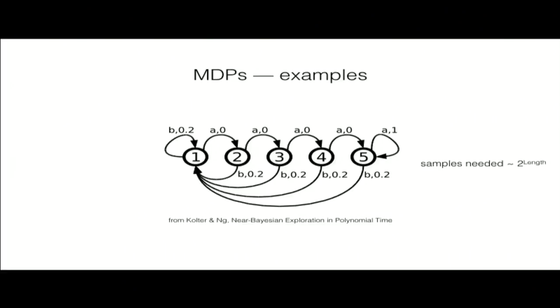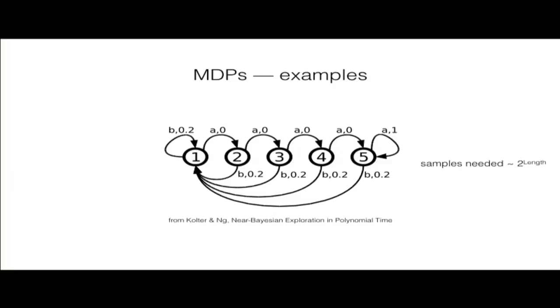One toy MDP, which is illustrative, is the key something, I don't remember exactly what it's called. This is a deterministic MDP, and there are two actions, A and B. If you choose action A, you move to the right, and if you choose action B, you go all the way back to state 1.